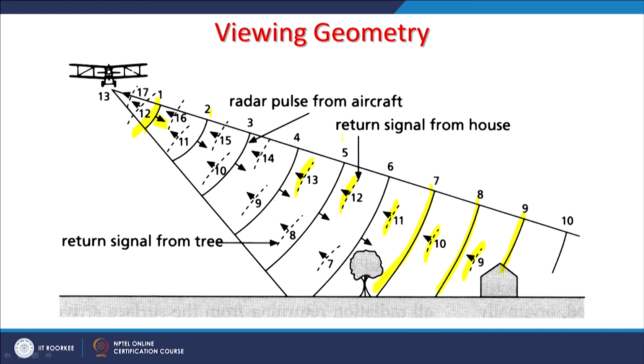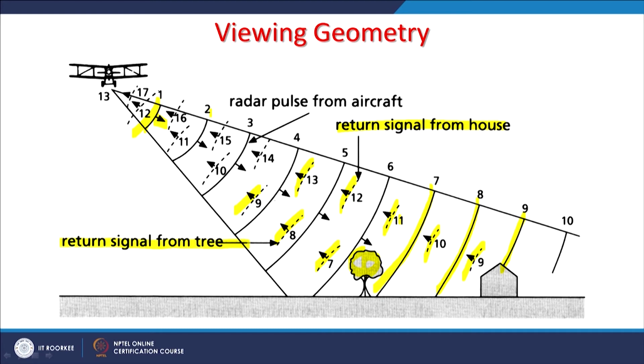These are basically the return signals from the house, and the vegetation will have different return signals. So, vegetation return signals are different, and see the time difference. Between 6 and 7, it is 11 here, it is 7 from the vegetation, whereas in case of house it is 12. So, this will allow us to identify different objects in microwave remote sensing.